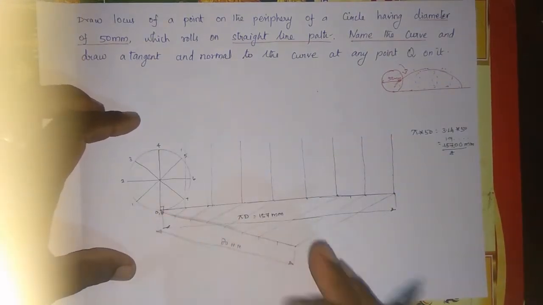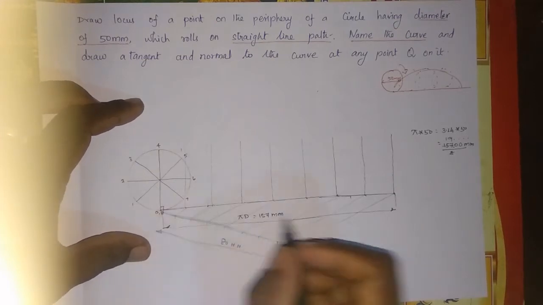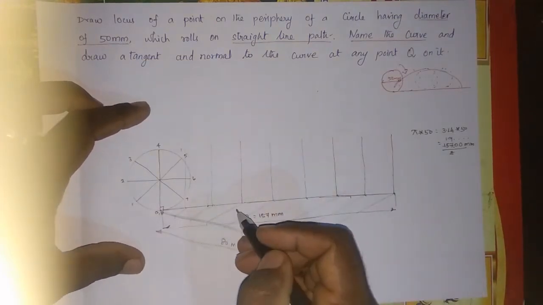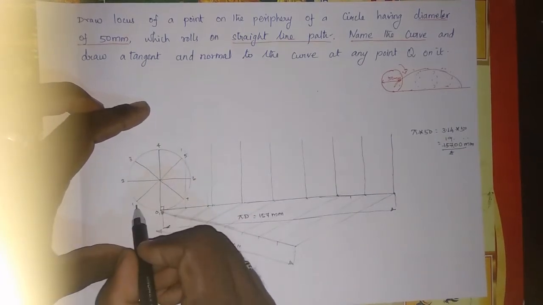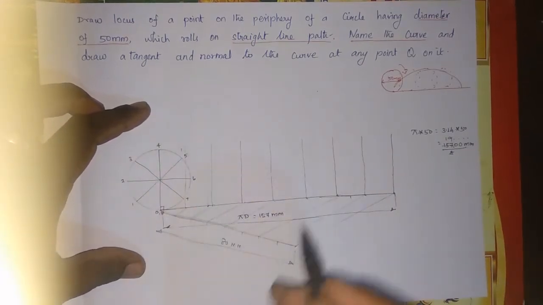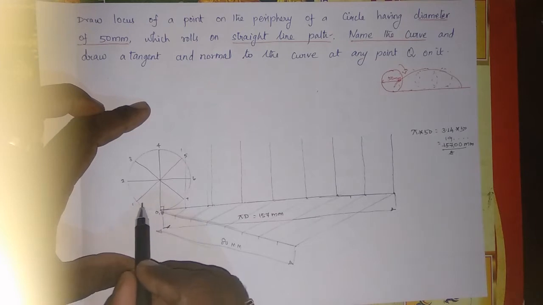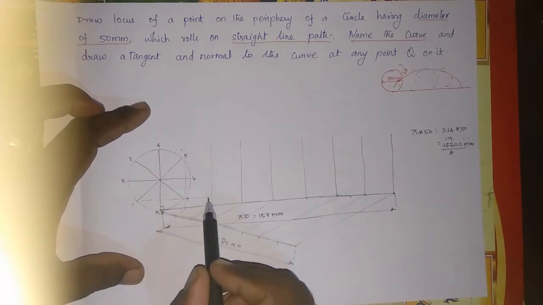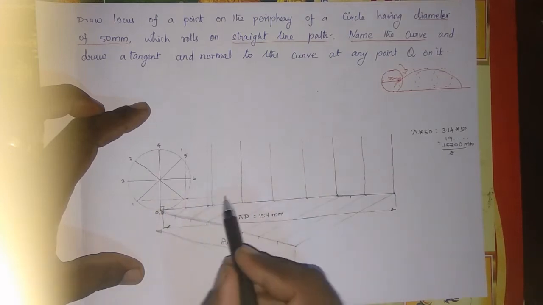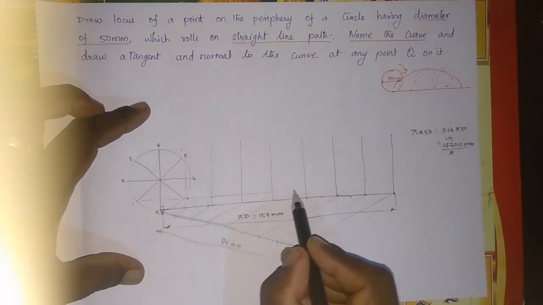From all the points we have perpendicular lines. Now from each and every point on the circle, 1, 2, 3, you have to draw a parallel line with the axis line. Here I am simply extending the lines.